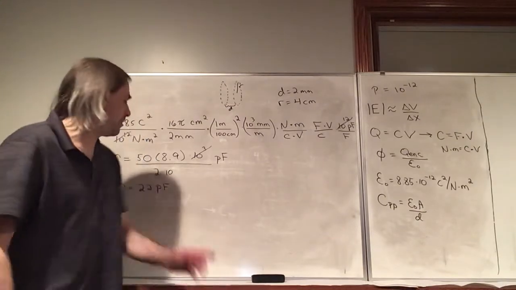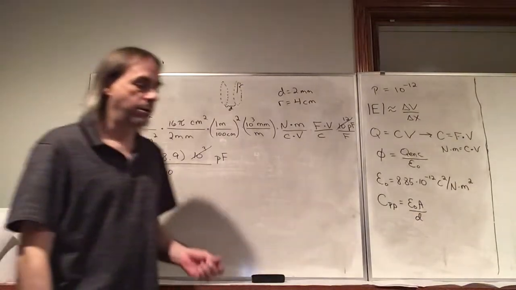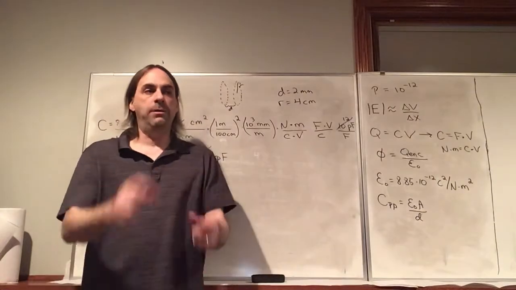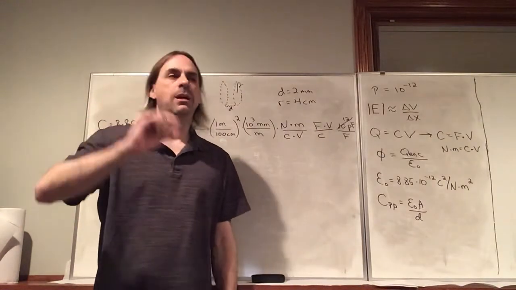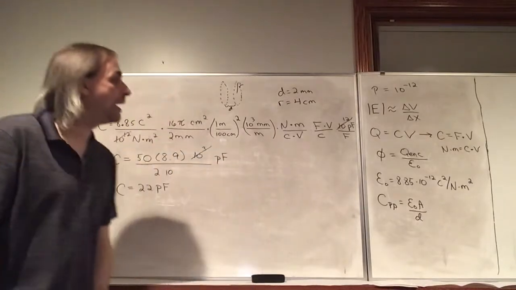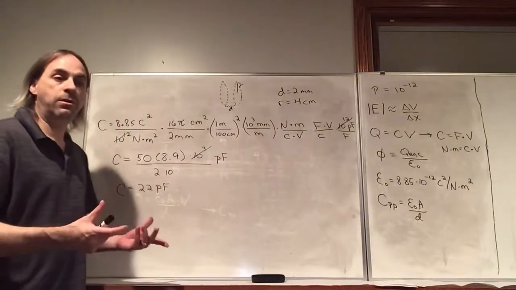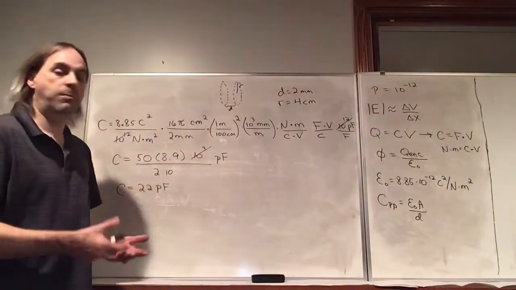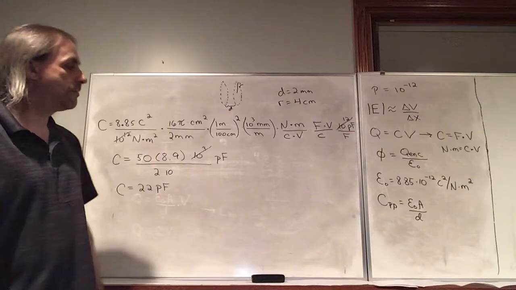I have some capacitors around this side. Maybe I'll bring it out later, but they're tiny. If I hold it up like this, most of that's just the 2 leads. The capacitor itself is extremely tiny. And the reason why capacitors tend to be very small is because we put them in electrical devices.